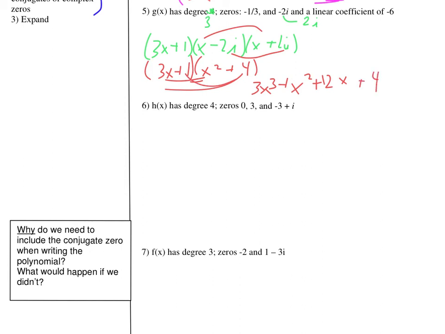And then lastly, they want the linear coefficient of negative 6. So they want this one to be negative 6, so I'd have to multiply this by negative 1/2. So I'll go ahead and do that. And so that'll give me my final answer of negative 3 over 2 x to the third, minus 1/2 x squared, minus 6x, and then minus 2.